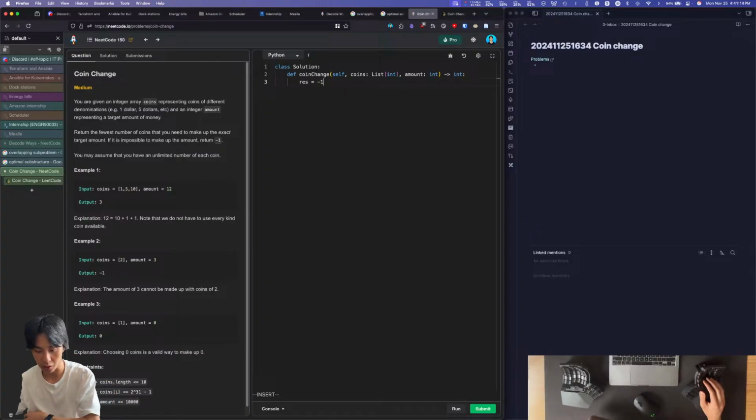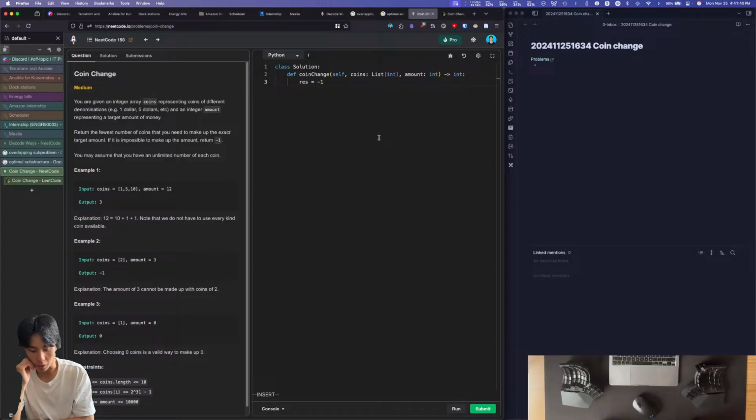So I can see this in terms of a decision tree. I can think of this as a decision tree where the number of coins have to add up to 12. And if it's a decision tree, you can turn it into a top-down dynamic programming problem.